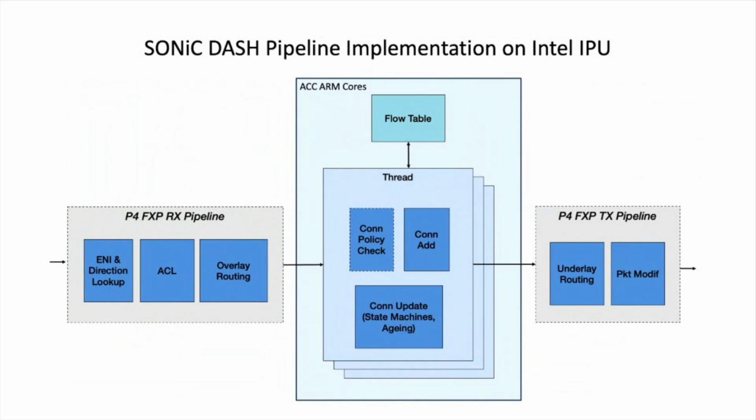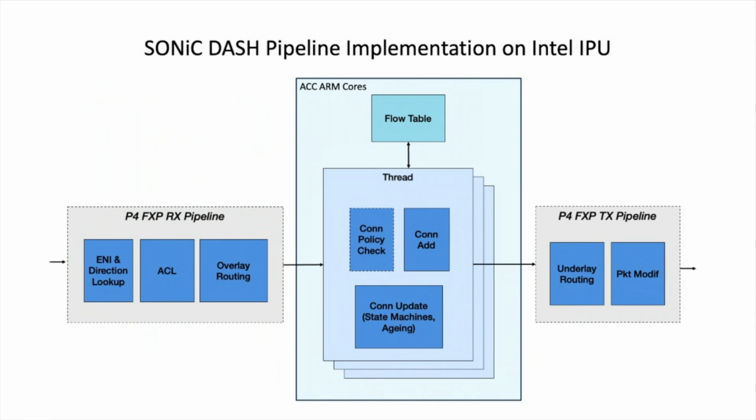So this is a logical view of the Dash pipeline implementation, right? In the packet processing pipeline, or in FXP, we have an RX pipeline where we do the ENI and direction lookup. We apply ACLs and routing to new flows. And this is then handled by the ARM cores.